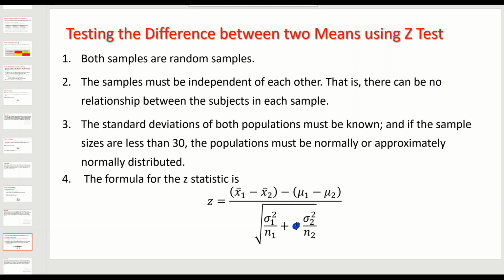So that is the fundamental thing we need to know before we take an example and solve it. Let's begin with the example.